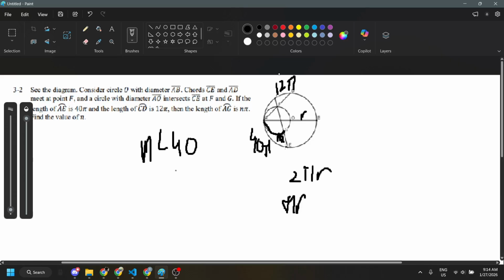So I think because it's half as large, it's going to have half as much, so n is equal to 20. That's my guess. But I really have no idea how you're supposed to get this.